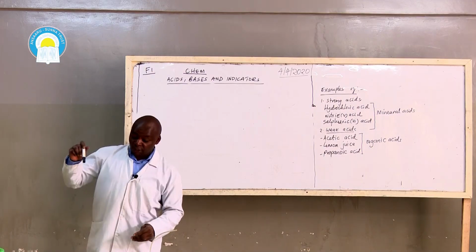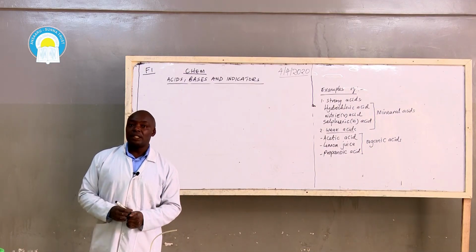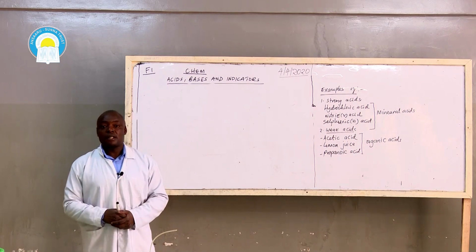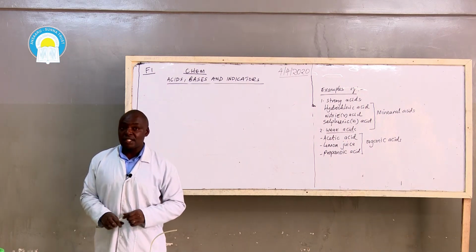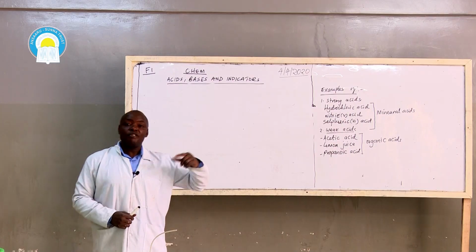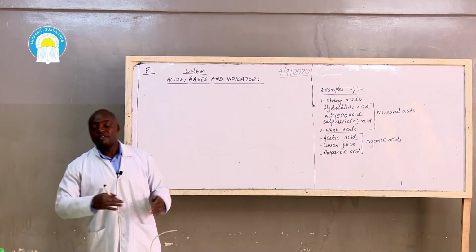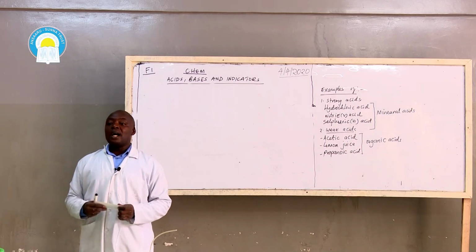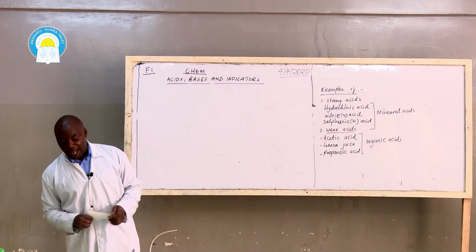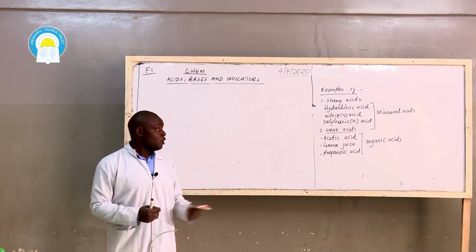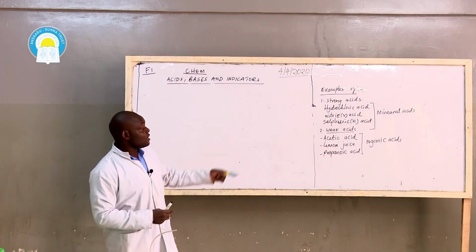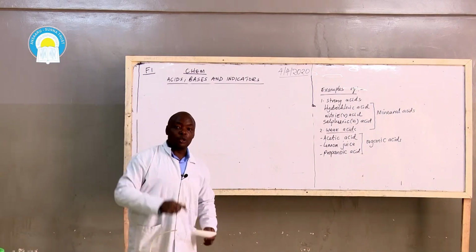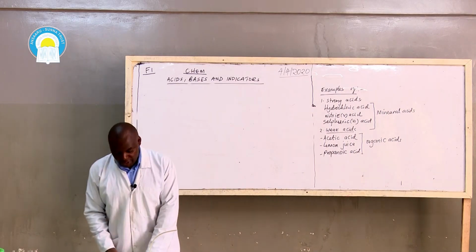The commercial indicators give consistent results, but they cannot give more information about the strength of the acid or the strength of the base. That is the main role played by the universal indicator. The universal indicator has helped us to classify the substances further, not just as acids, bases and neutral, but also in terms of their strength.